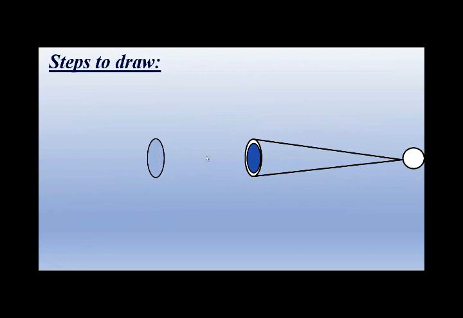About 5 centimeters away, you will draw another oval shape and join it with the previous oval shape, and these two lines are parallel to each other. Just in front of this oval shape, you will draw a small circle. And what is this small circle? This one is the eyepiece lens, which is more powerful than the objective lens.